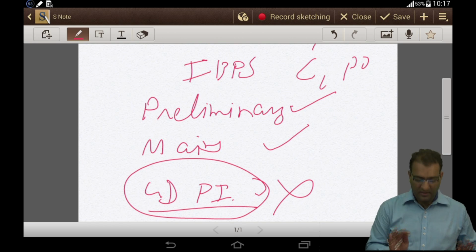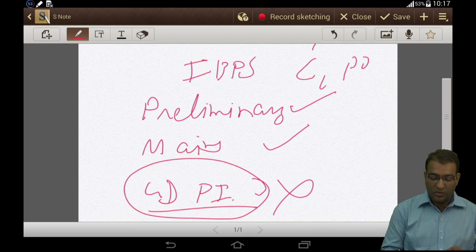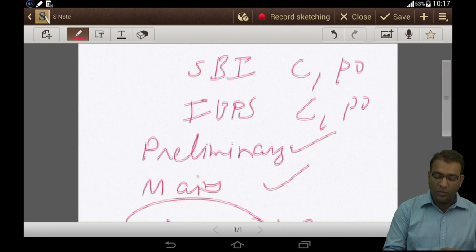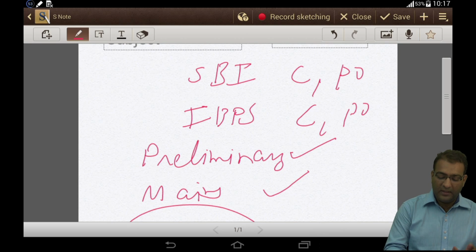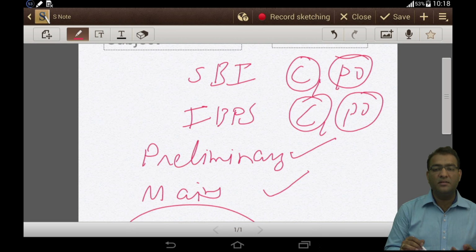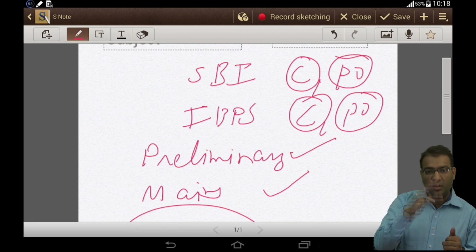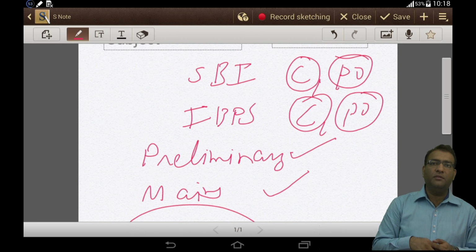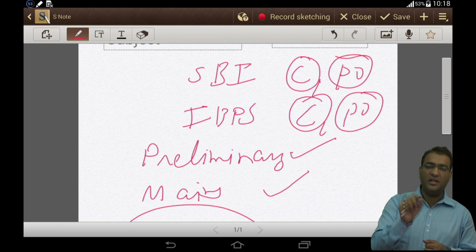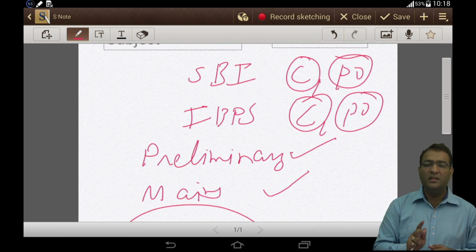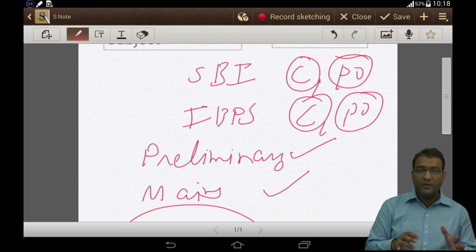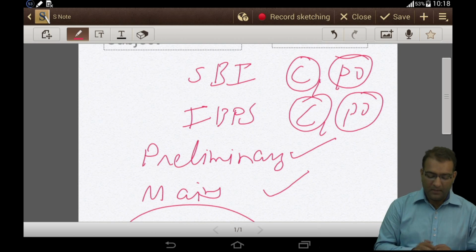Let's not be afraid, guys. Understand one thing. I just told you that whether it is clerk, PO, SBI or clerk, PO, IBPS, the syllabus is the same for all four exams. Now this is not four exams, this is 8 exams, because for SBI clerk there is preliminary and mains, and for SBI PO also there is preliminary and mains. So it looks like there are a lot of exams. Don't worry.